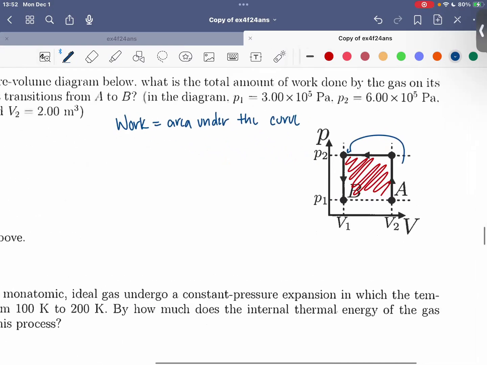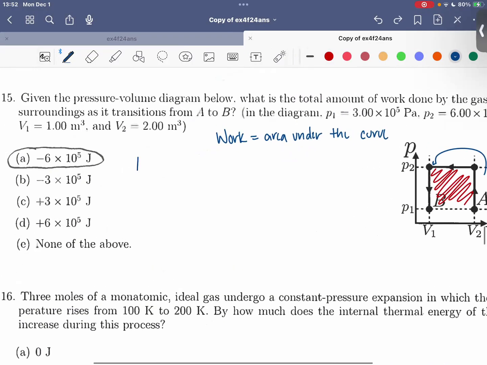since the pressure and the volume decrease from point A to point B, you can imagine it as if you have a big square and it's being compressed down into a smaller square.